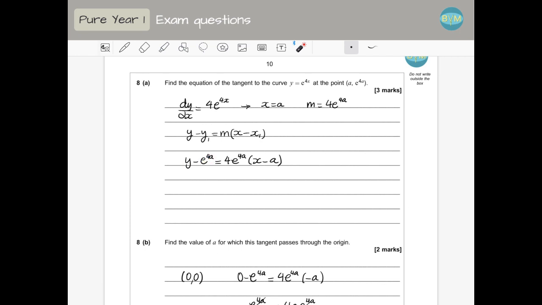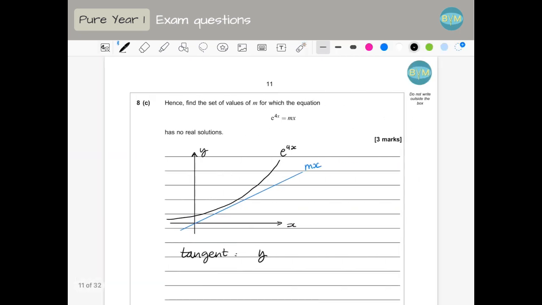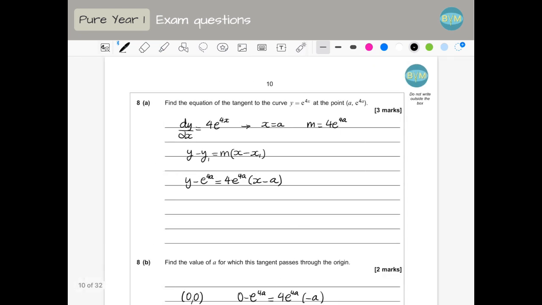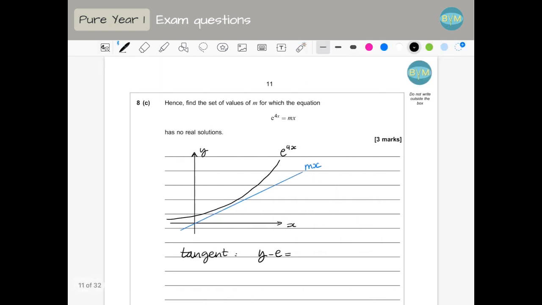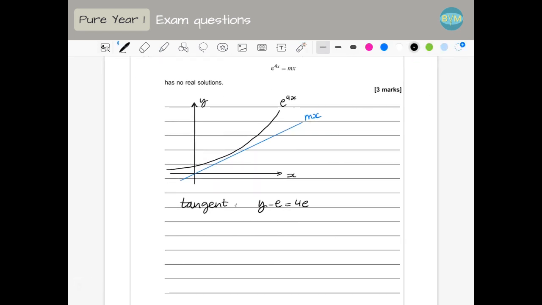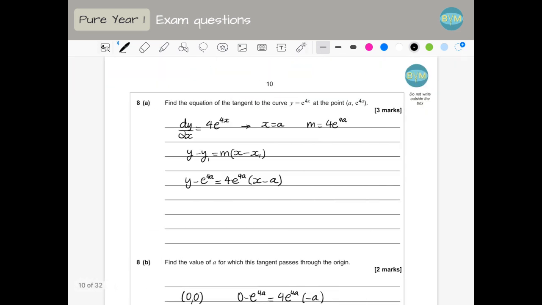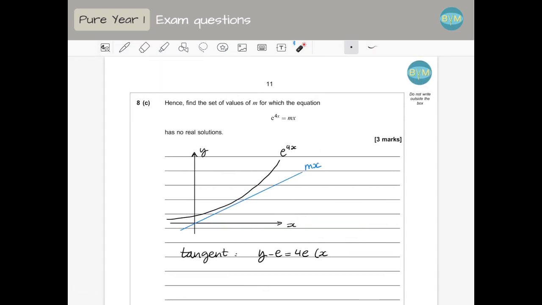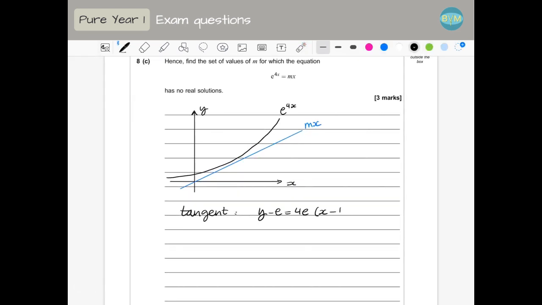So this is y minus e equals, again, 4 times 1/4 is 1, so I have 4e, brackets, x minus a, and a is 1/4. So my line, the one that is tangent, is this one. And the gradient of this line is 4e.